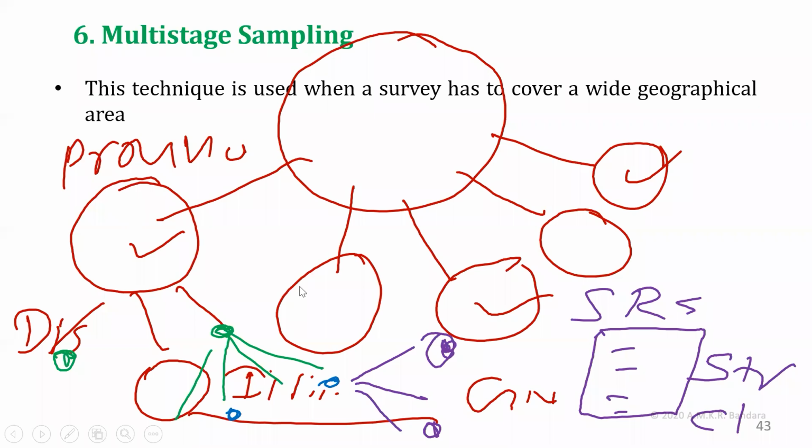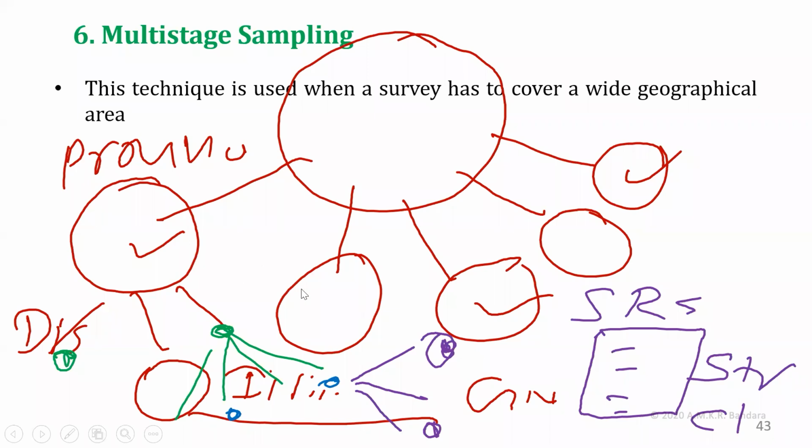This is the first stage, this is the second stage, this is the third stage, this is the fourth stage, and this is the fifth stage. So we can say this is 5-stage sampling. Some sampling methods may have 2-stage or 3-stage sampling. This is a 5-stage sampling.